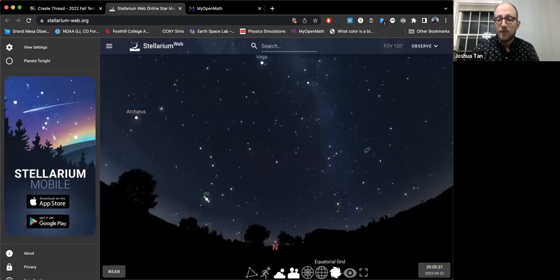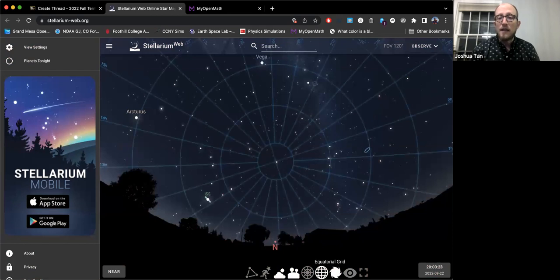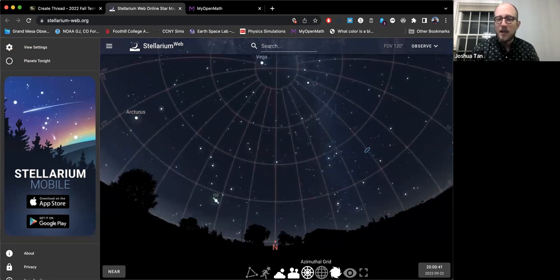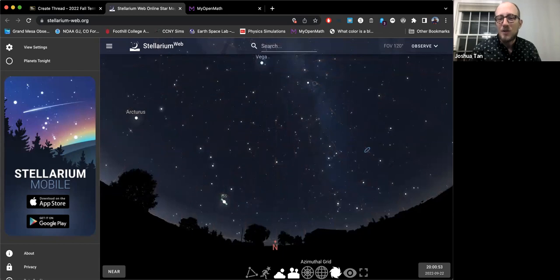I can turn on the grid, and I could see things like the declination and the right ascension of the sky, which is useful if you're trying to do some of the problems that we were talking about on the homework. I could also look at the grid that shows me what the altitude, in other words, how high or low something is in the sky, and the azimuth, how far east or west things are in the sky. Also very useful for some of our problems.